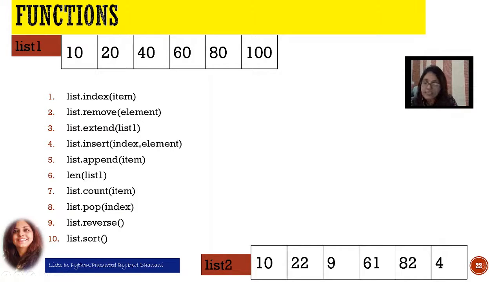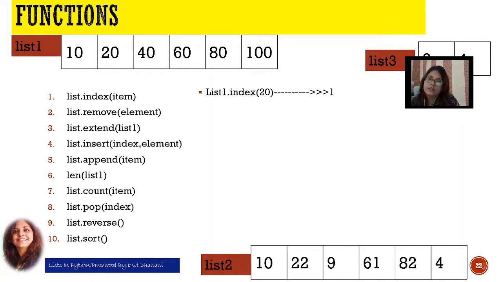The index function basically returns the index value of the item, the element, that is passed. So list1.index will return the index value of the element that is passed to it, and that is 1.